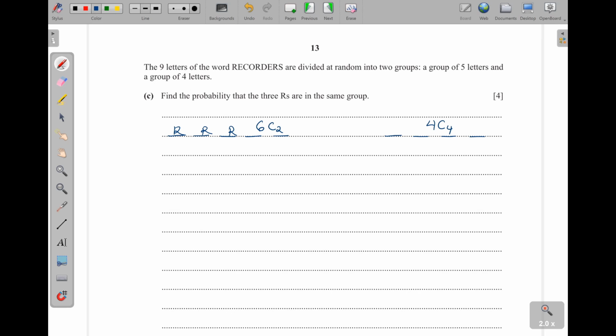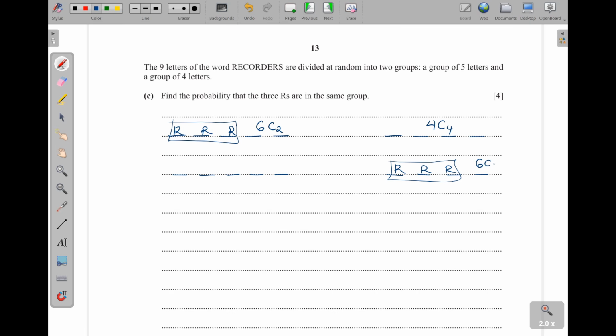Then we can also have 1, 2, 3, 4, 5, then 1, 2, 3, 4. The 3 R's can be here. Now, if the 3 R's are here, remember this is not permutation. We are not arranging them. So out of the other 6 which are remaining, you only need 1.